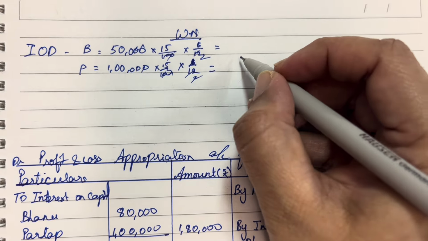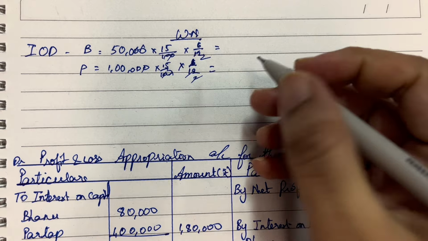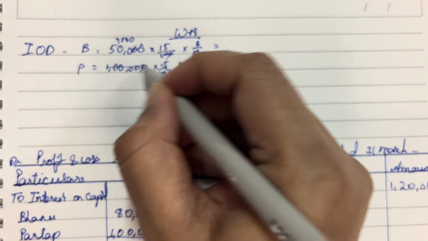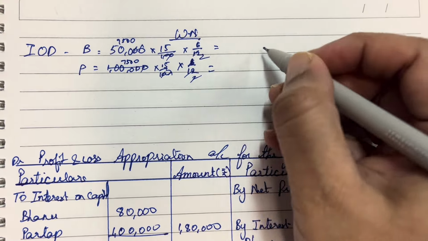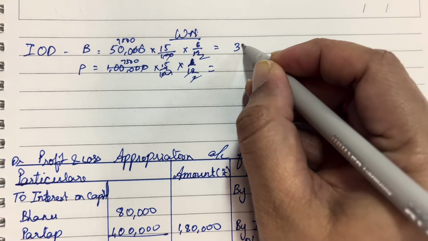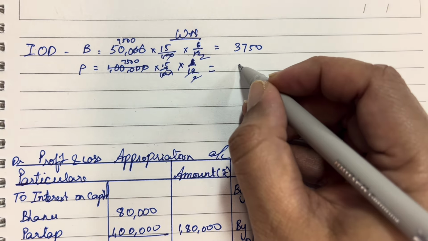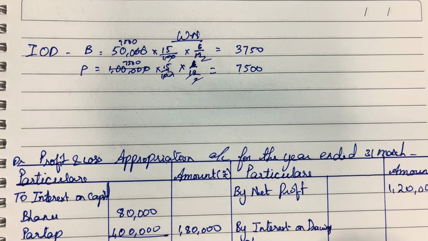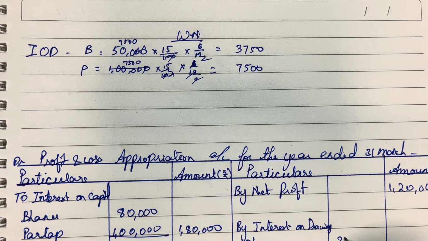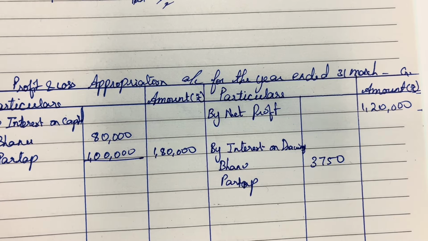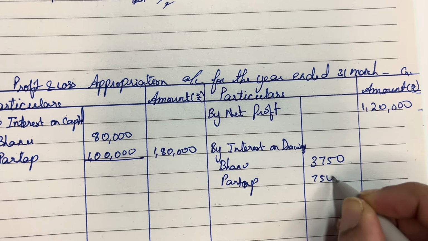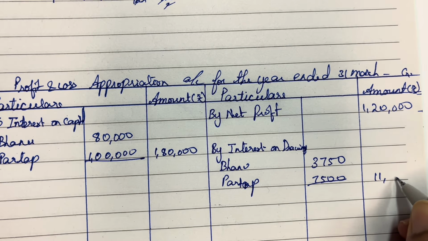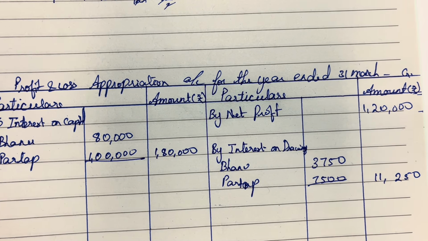So over here for Bhanu, his interest on drawings would be 3,750, and for Pratap it would be double of it. So the interest on drawings for Bhanu is 3,750 and for Pratap it is 7,500. The total interest on drawings would be 11,250.